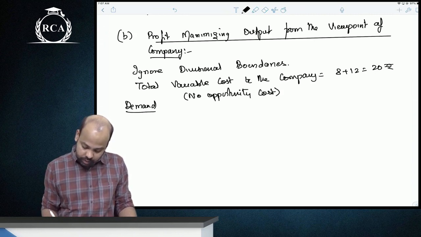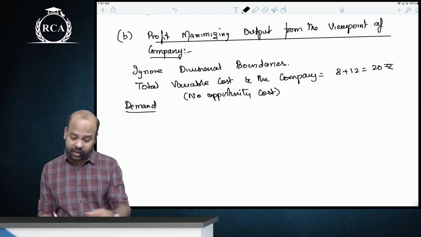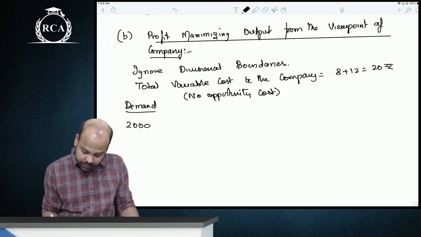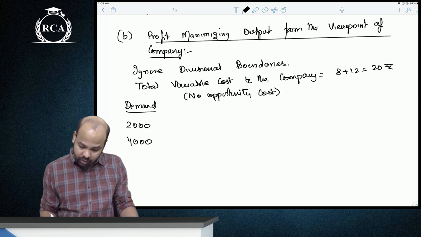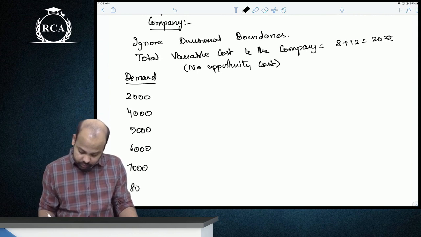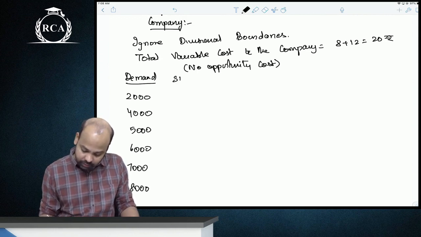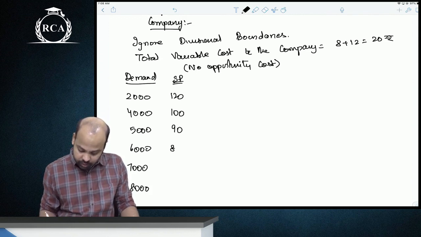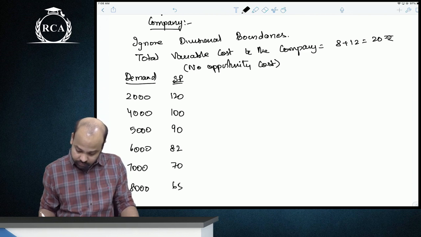Understood, sir. So guys, the demand as such beta here can be 2000 units, 4000, 5000, 6000, 7000, 8000. The selling price is 120, 100, 90, 82, 70, 65.